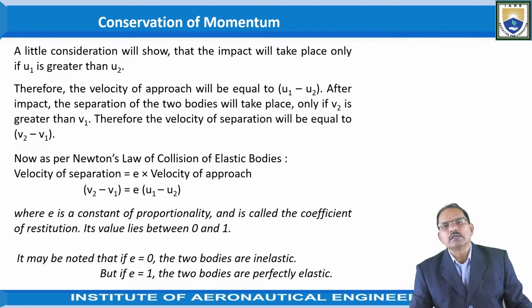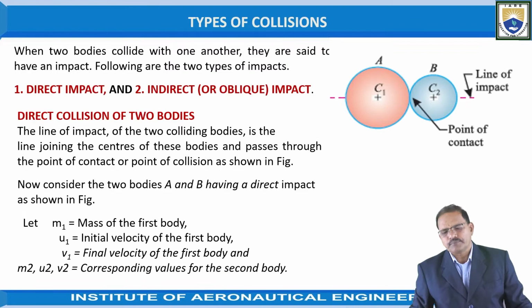As already told, E represents the constant of proportionality, generally the coefficient of restitution. Its value varies from 0 to 1. If it is 0, the two bodies are said to be inelastic, and if it is equal to 1, the two bodies are said to be perfectly elastic. But for most bodies, it lies between 0 and 1 only.